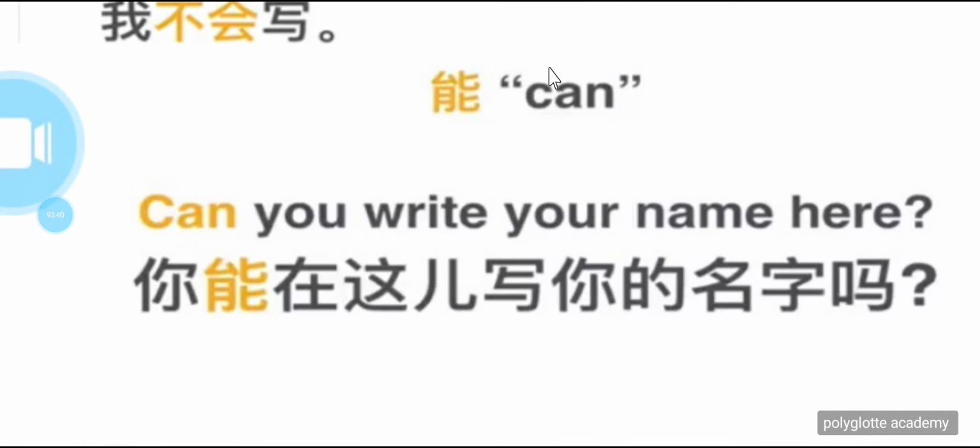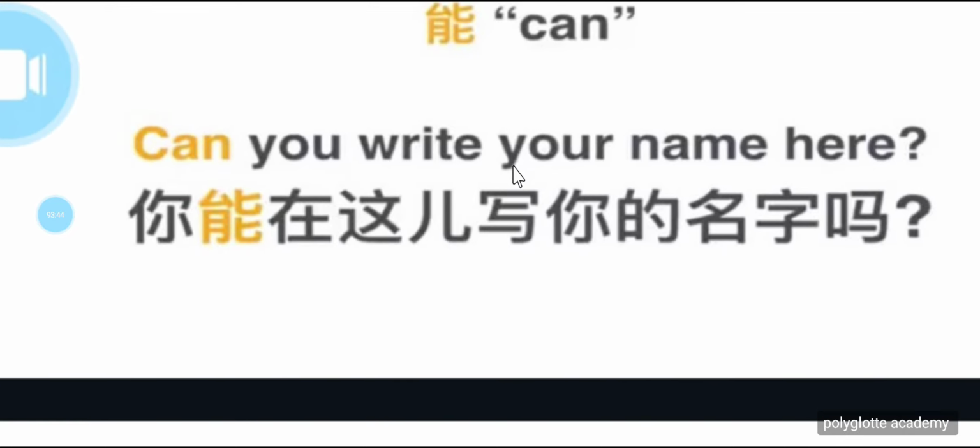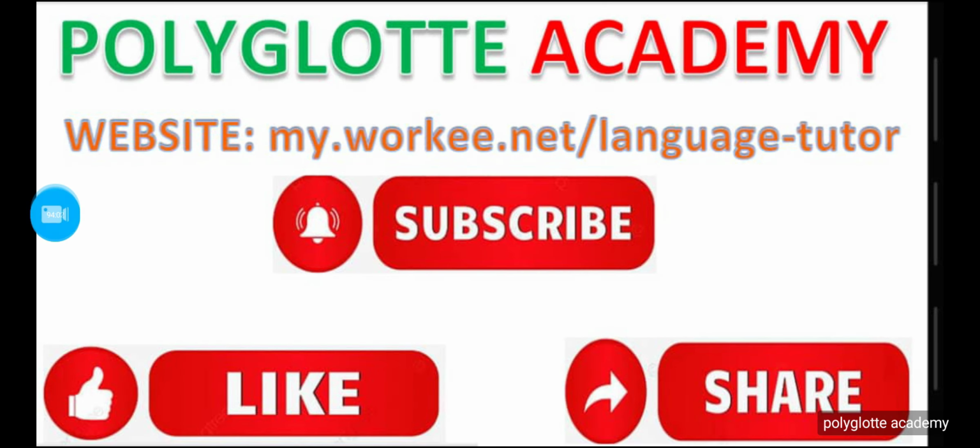Because of time constraints, we could not make a recap of all we have seen, so we are going to do that in the next video. So stay tuned. That was the end of our lesson, Chinese grammar point 7.